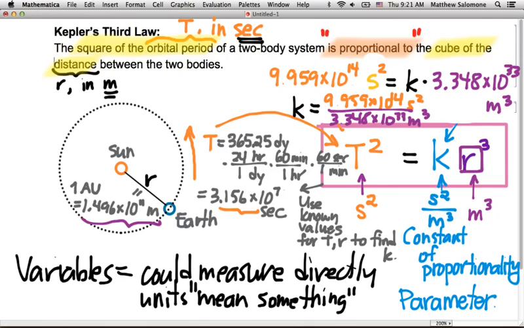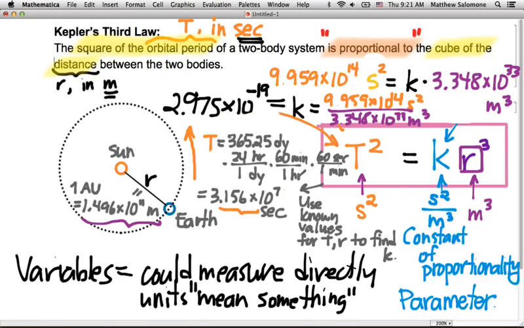So now again we can see where our units for k come from, because we end up having to divide seconds squared by meters cubed in order to get it. And then if we actually carry that out, 2.975 times 10 to the minus 19.